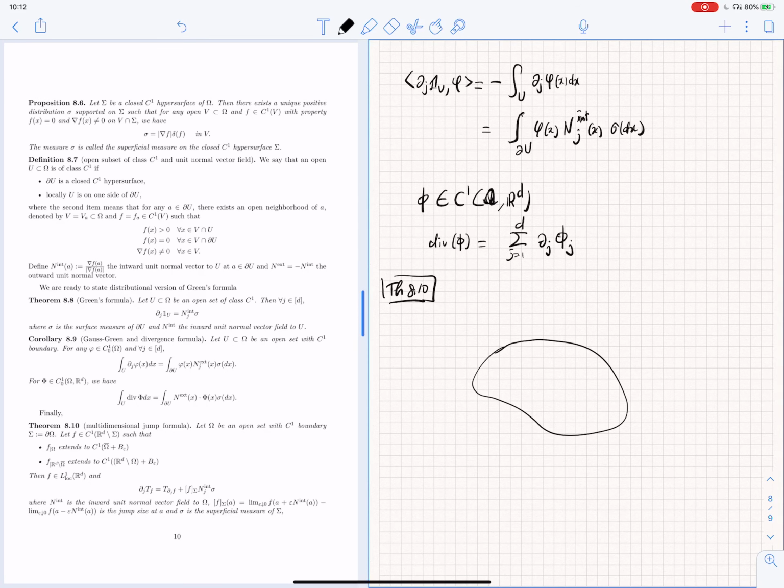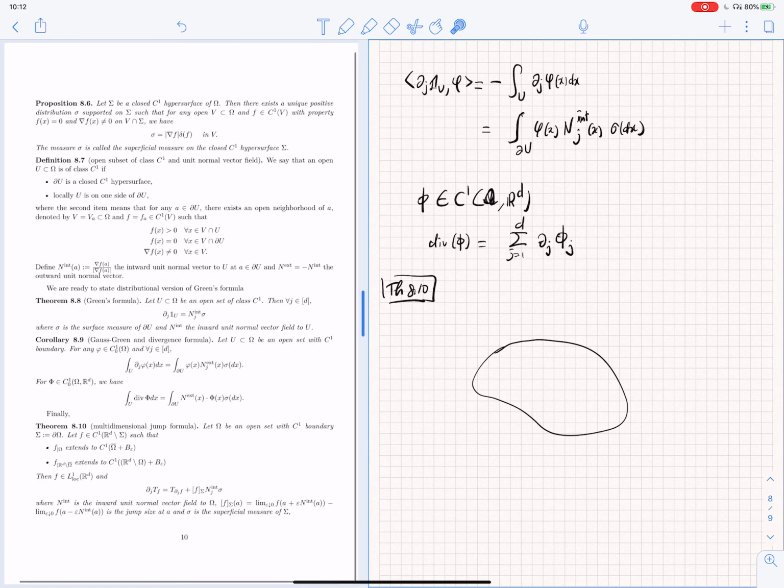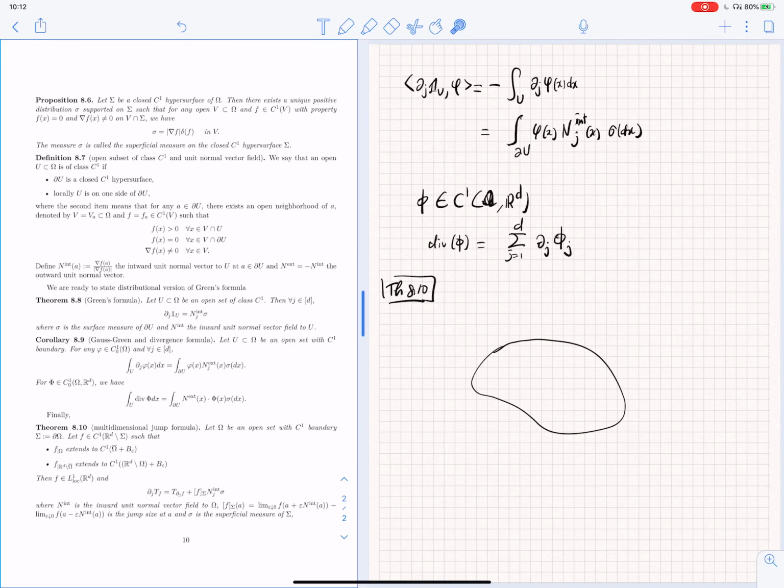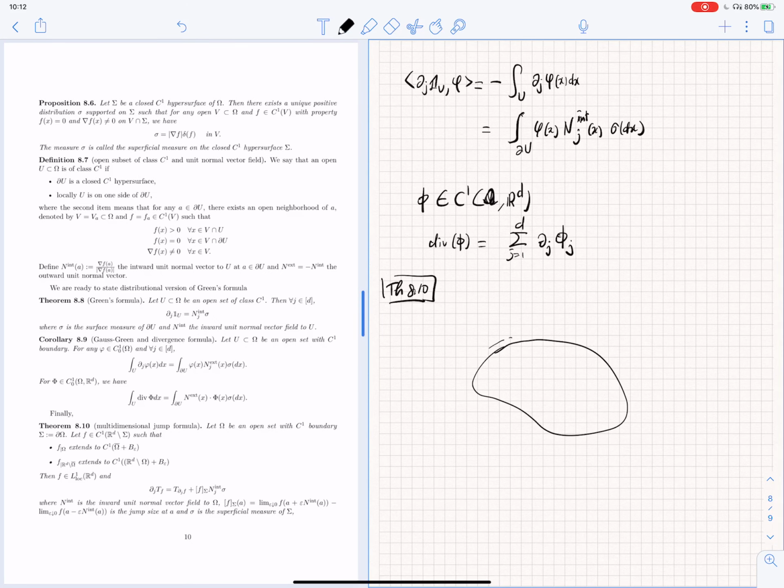So the function is C1 on the open set like this, and the restriction of the function inside the open set omega can be extended to slightly larger than the closure of the set.